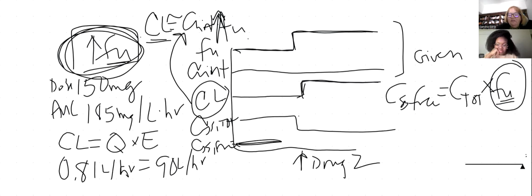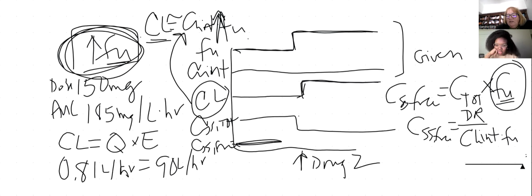So CSS free is going to be total, and you already told me total is dose rate, but we're not going to worry about bioavailability because we're giving it IV, over clearance, which for this drug is intrinsic clearance times fraction unbound. We know this increases, so our CSS total goes down.